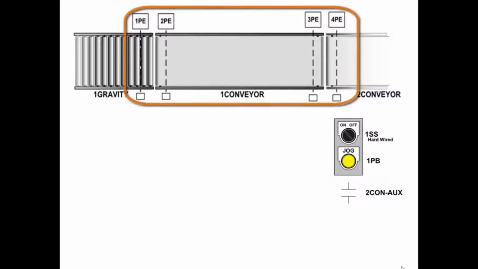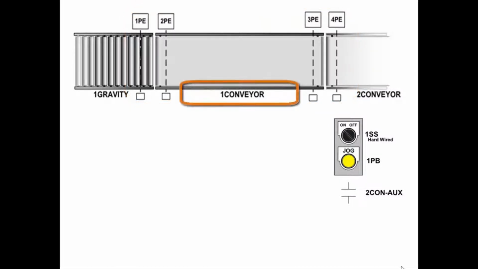Well, we have 4 photo eyes. We have 1 conveyor powered. But for inputs, we have 4 photo eyes, 1, 2, 3, and 4. And then we have the jog push button, and we have the aux contact. That's 6. That uses up all the inputs. So we marked the selector switch 1SS as hardwired.